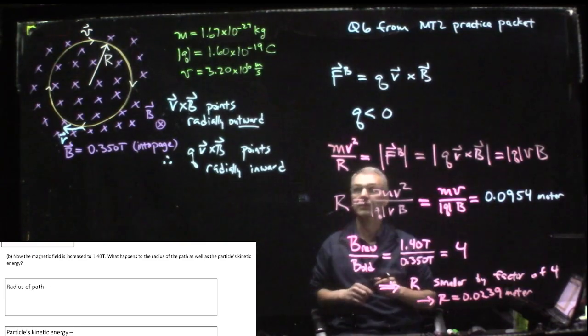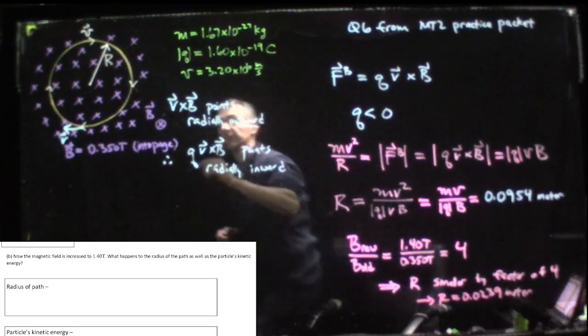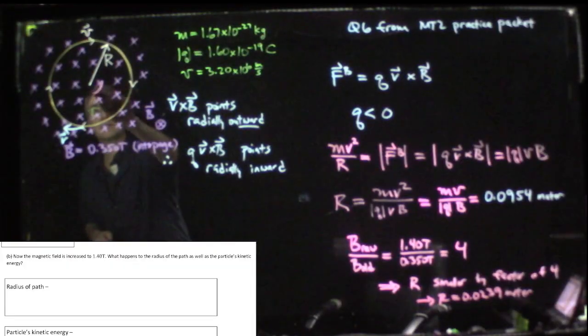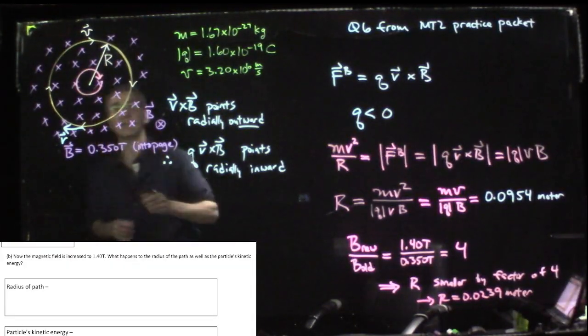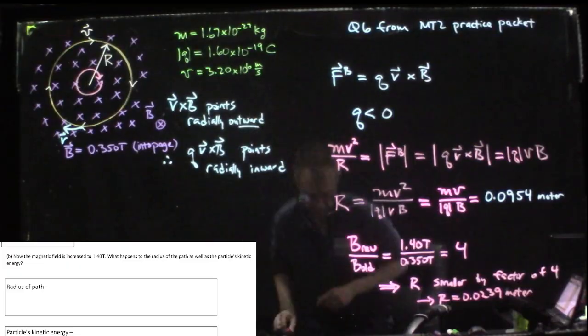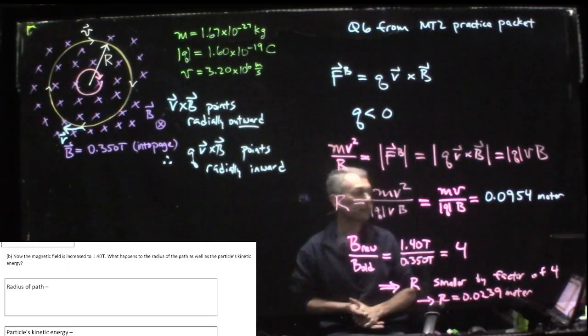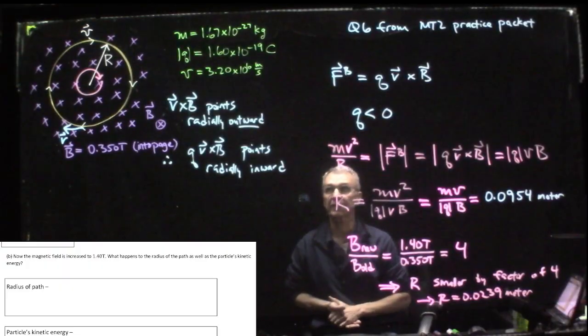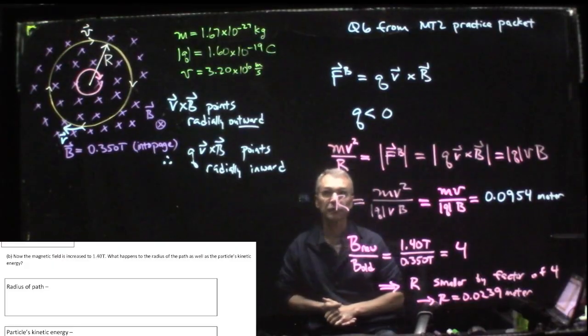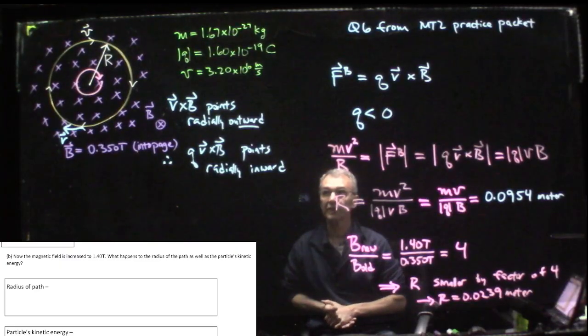Okay, so the radius of the orbit becomes smaller if we make B bigger. Fair enough. What happens to the kinetic energy? So we know magnetic fields don't do any work. Magnetic fields don't change speeds.